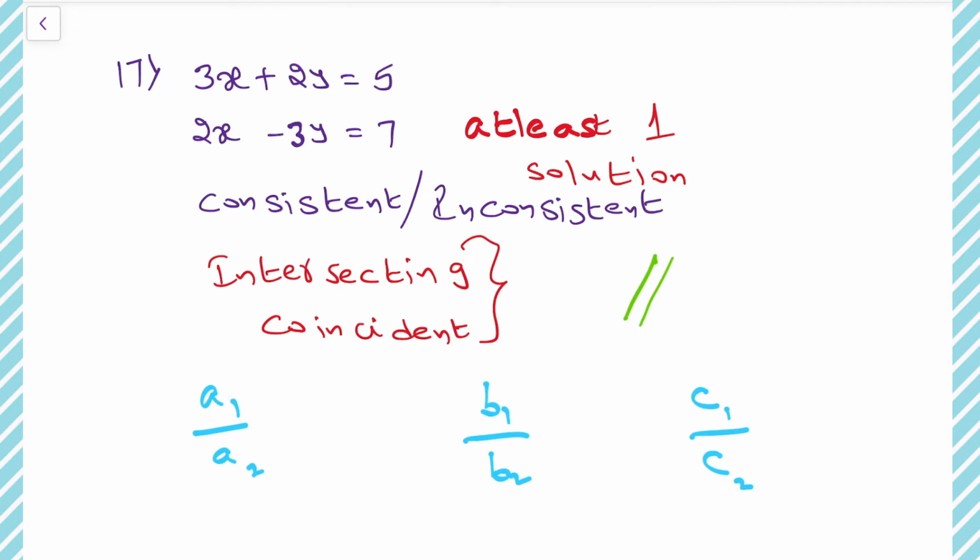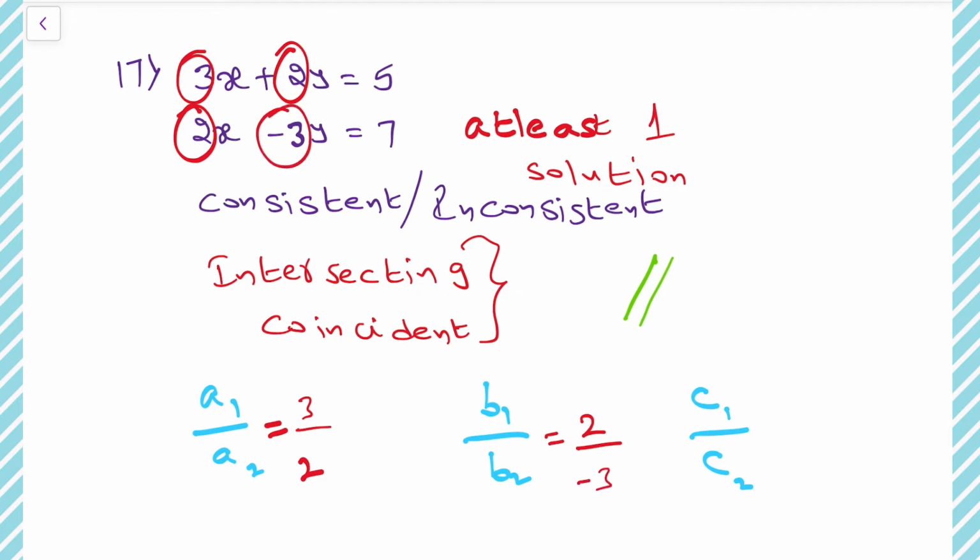So let us check one by one now. X coefficient is 3, that will become A1, and the other x coefficient is 2, that will become A2. So the A1 by A2 ratio is 3 by 2. Next, B1 is 2. B2 is minus 3. C1 by C2, that is constant 5 by constant 7.